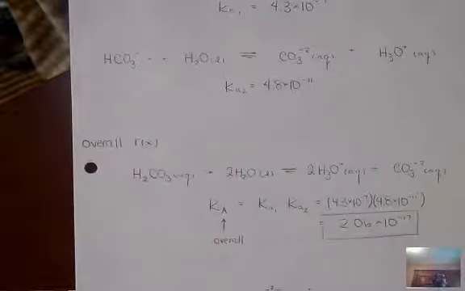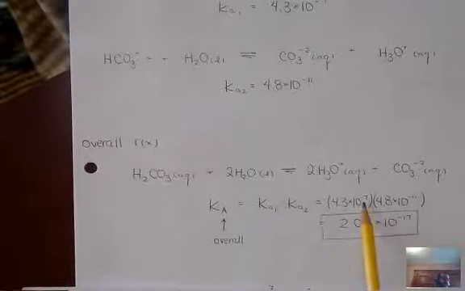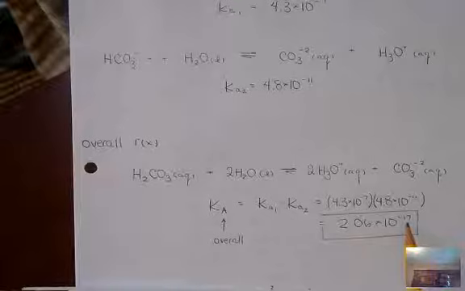When you multiply those two together, it comes out to 2.06 times 10 to the minus 17th. 11 and 7 is 17, so that's how you get the minus 17. And then 4.3 times 4.8 comes out to 20.6. That's why this goes down to minus 17th versus minus 18th.